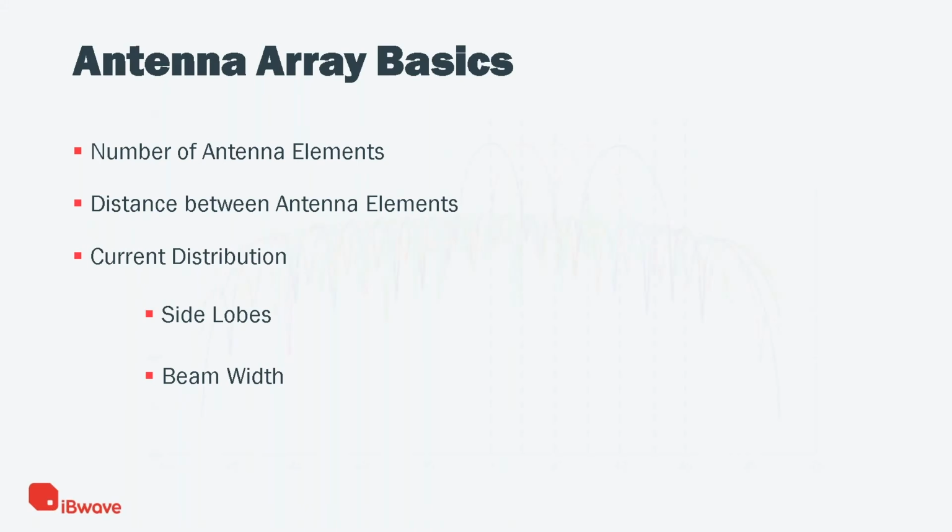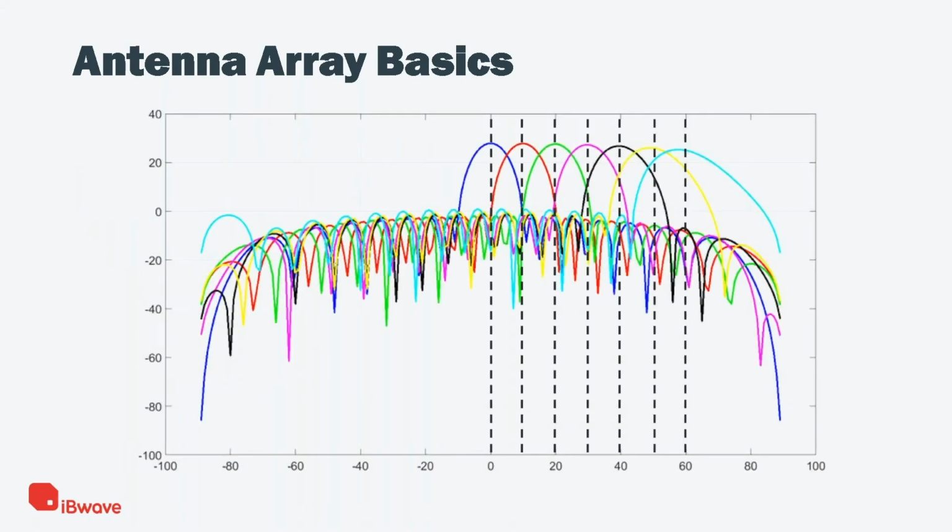Here I wanted to show you some modeling or simulation results of this type of antenna array with different steering angles. For instance, here I have done some simulation using steering angles from 0 to 60. I wanted to show how this radiation pattern will be affected as a function of your steering angle.